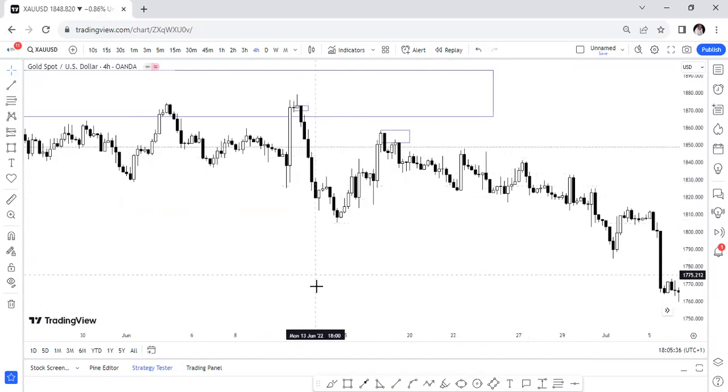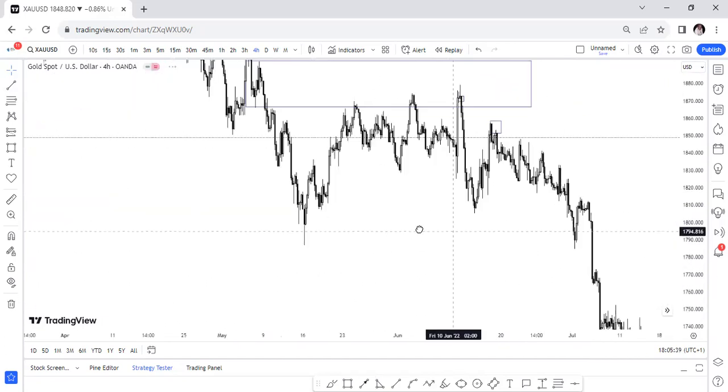So this is it. I want to condense it so that you can see the move that we have created here.